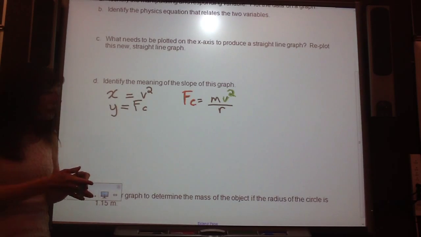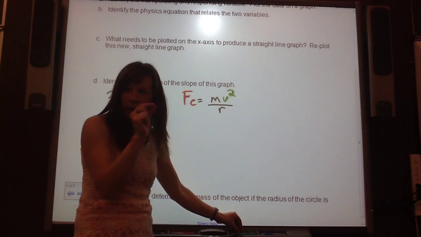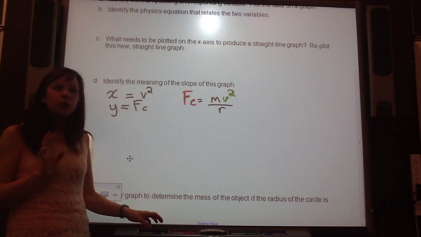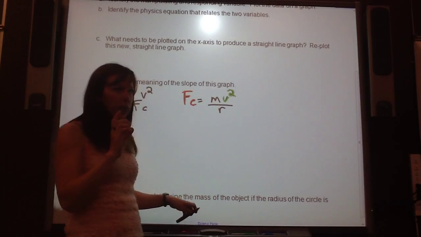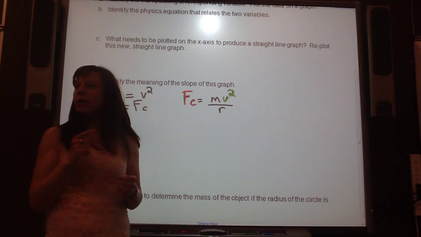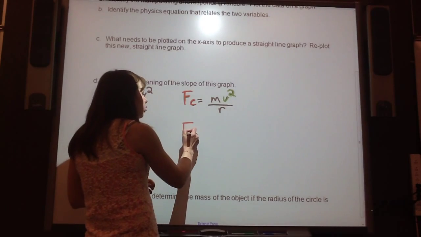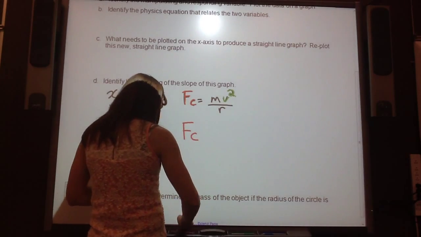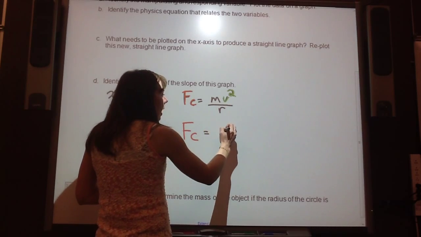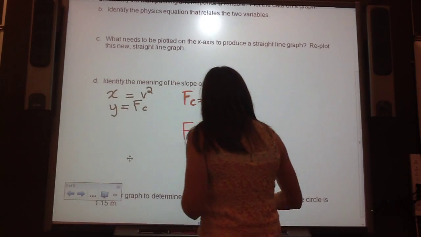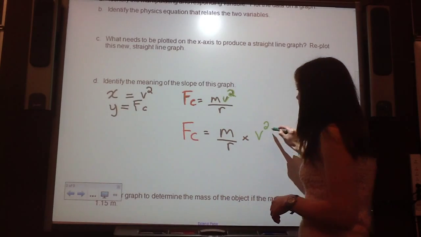So even if you want to just highlight that little part. So I would actually rewrite this to help me, and you'll see why when the formulas get a little bit more complex that this can be helpful. So I'm going to rewrite it as fc is equal to m over r times v squared.